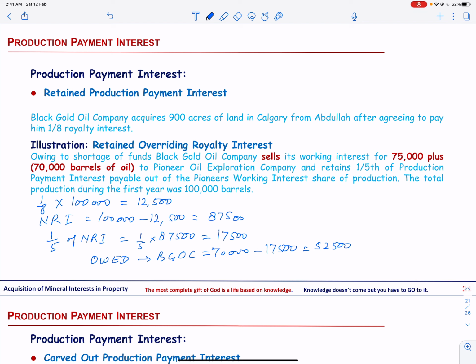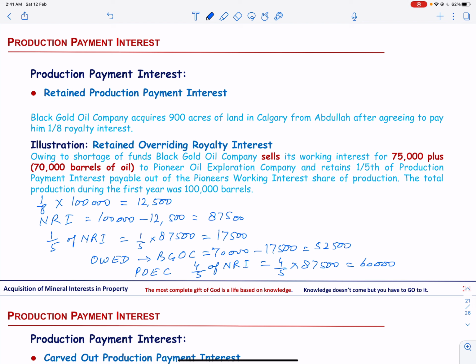Pioneer Oil Exploration Company will receive 4/5 of net revenue interest, that is 4/5 times 87,500, which is equal to 60,000 barrels of revenue.